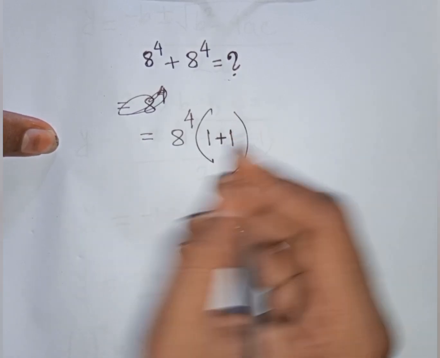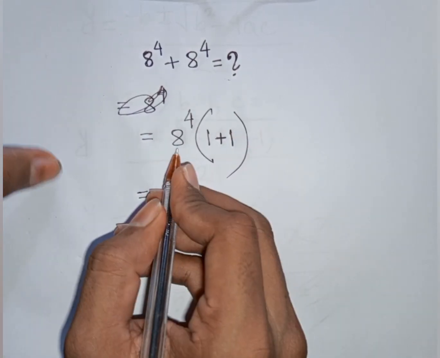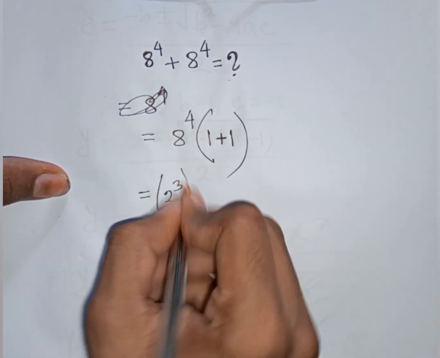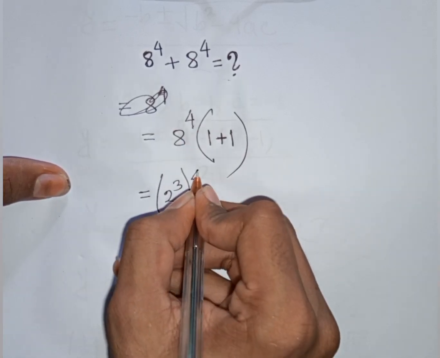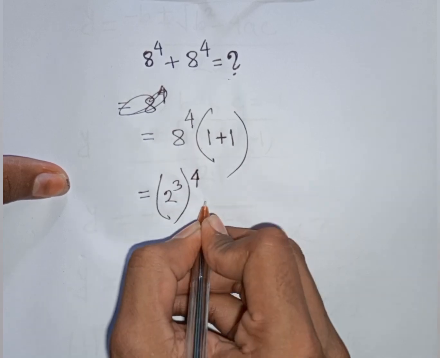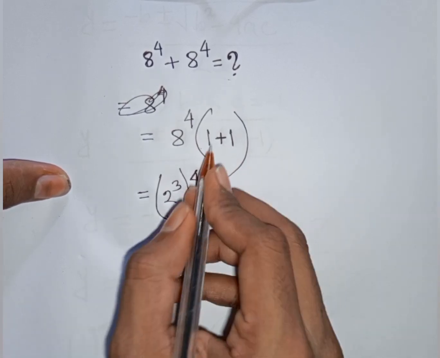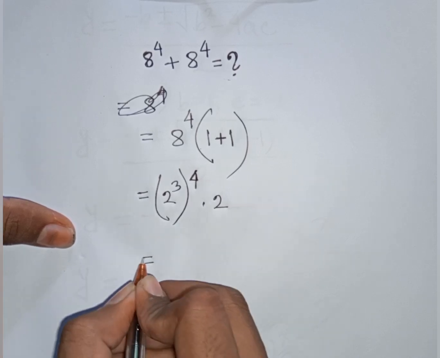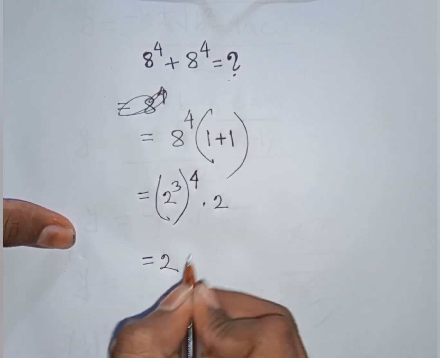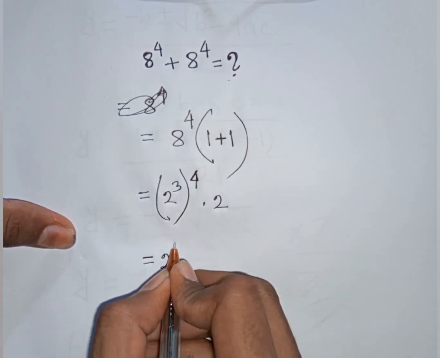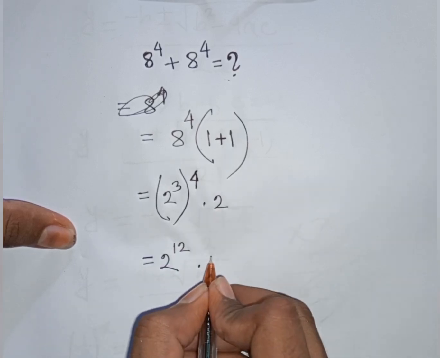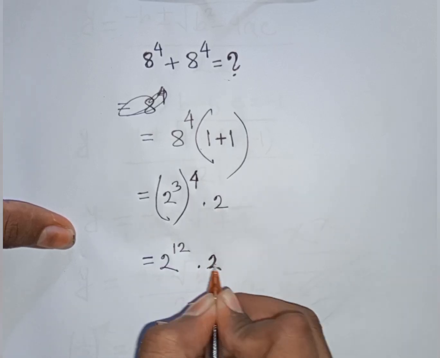Then bracket close, is equal to 8 power 4, which is the same as 2 power 3, then bracket power of 4, times 1 plus 1, that means it will be 2, is equal to 2 power of 3 times 4, that means 12, times 2.